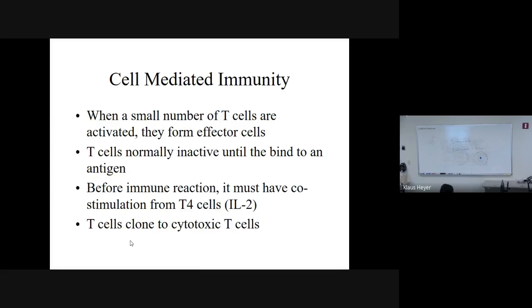They kill millions of that one specific thing. Natural killer cells can kill lots of things, but only a few of them. But they use the same weapons, perforin and granzymes. That's the cell-mediated immunity side.